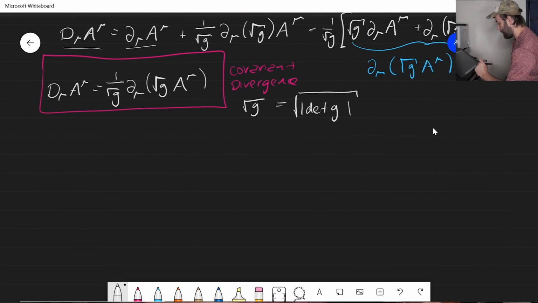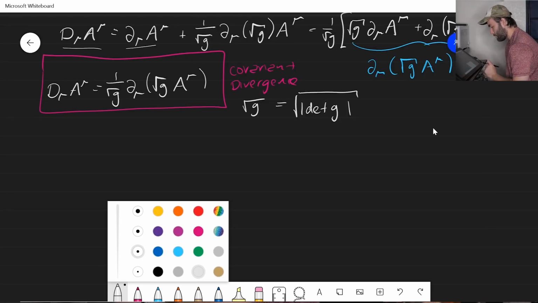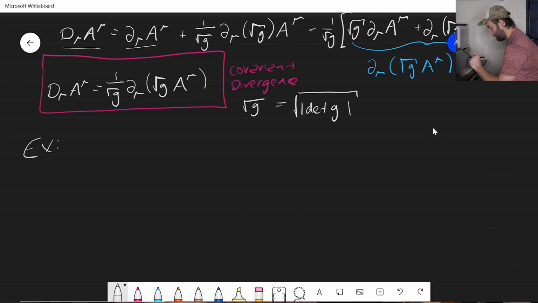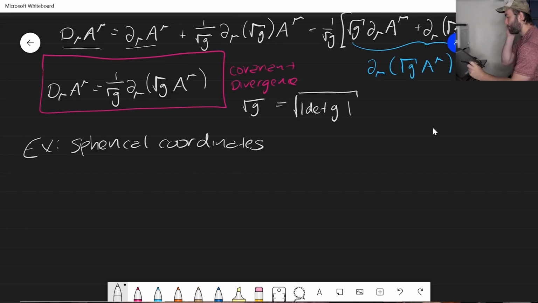Okay, now let's go ahead and do an example where we derive the divergence in spherical coordinates, in flat space. Let's just jump right into it.